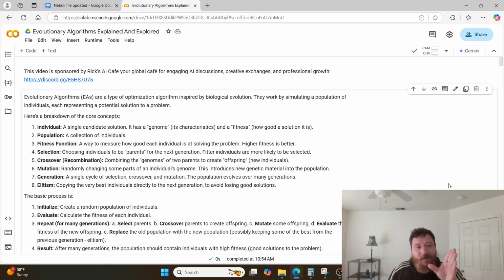Especially evolutionary algorithms and swarm algorithms rely on parallelization to an extreme extent, to a point where we need to go much further than we are currently with GPUs. GPUs are child's play with the amount of parallelization they can do compared to what an evolutionary algorithm and a swarm algorithm would want. But with that being said, and that philosophical overview, let's dive into the actual functional overview of how evolutionary algorithms work.